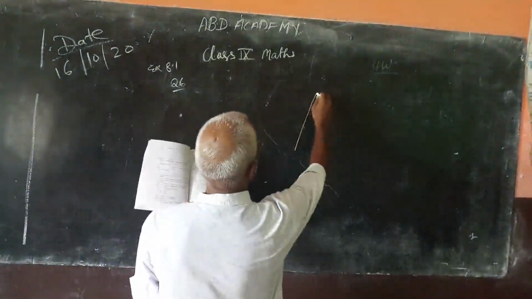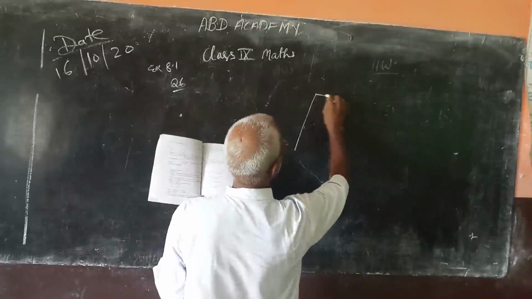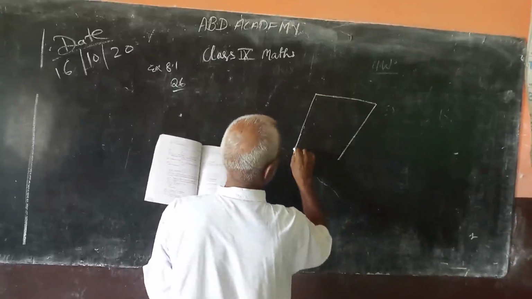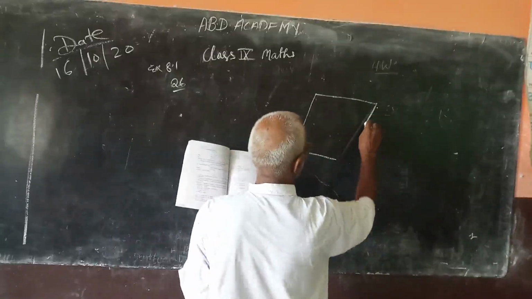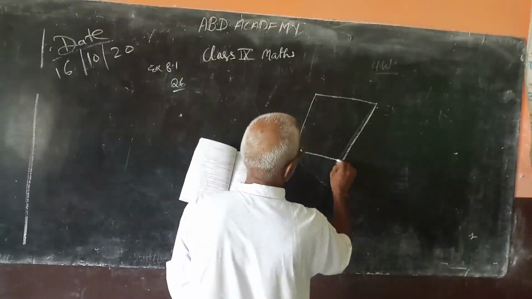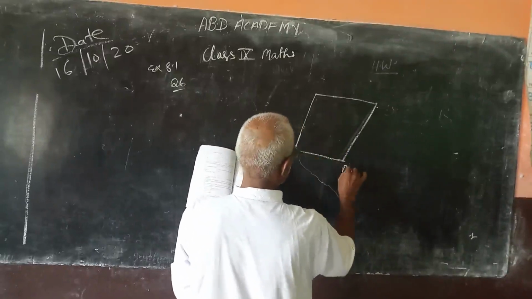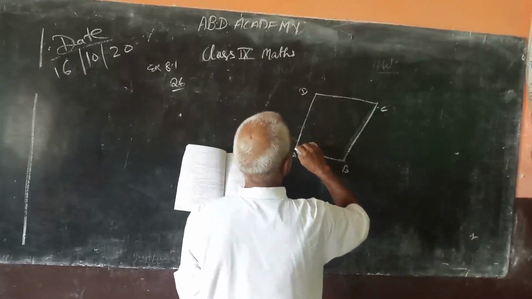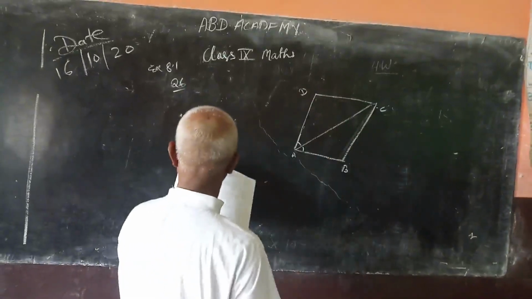A parallelogram is given, and it says ABCD is a parallelogram. Its diagonal AC bisects angle A.